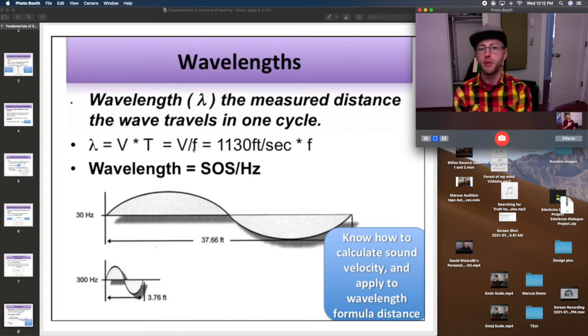Some rooms boost low frequencies, some rooms bring out high frequencies. And when you're listening to music or recording it in a certain environment, having some awareness of the sound and its wavelength can help you understand why certain sounds are boomier or less prevalent in a room, and that's because of the wavelength.